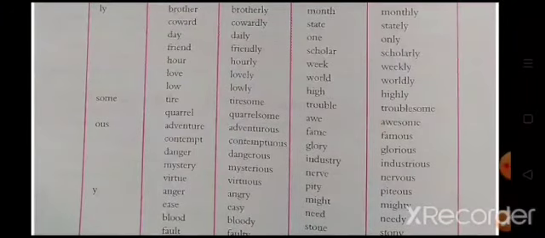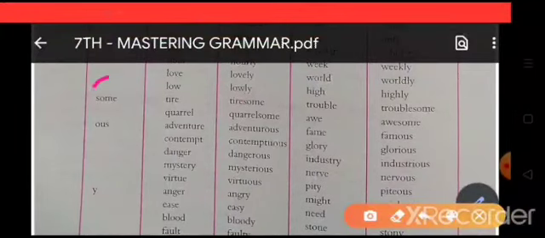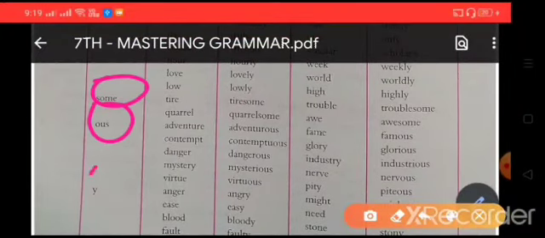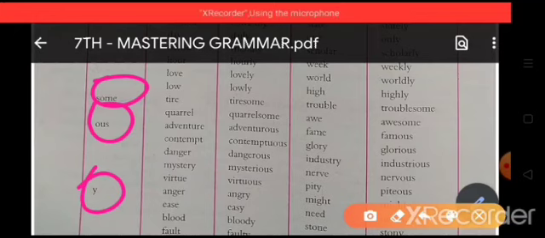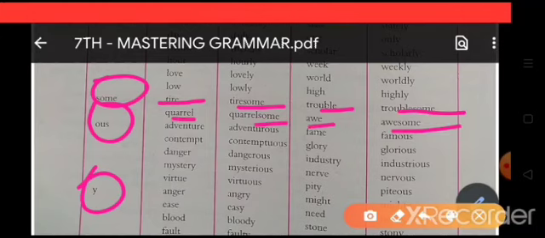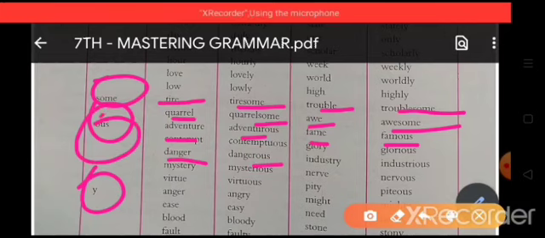Here we can see adding some, ous and y. So here we can see adding some: tire, tiresome, trouble, troublesome, quarrel, quarrelsome, awe, awesome, adventure, adventurous, fame, famous, danger, dangerous. So here we are adding ous.